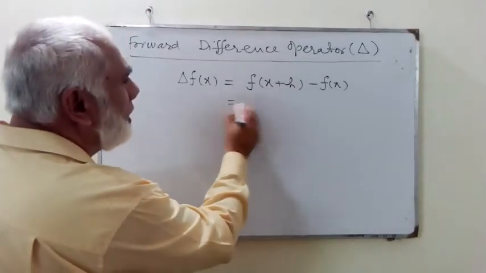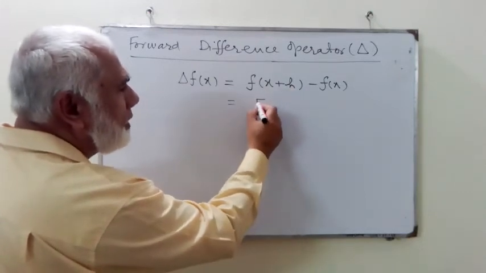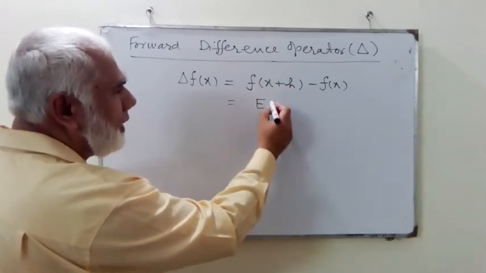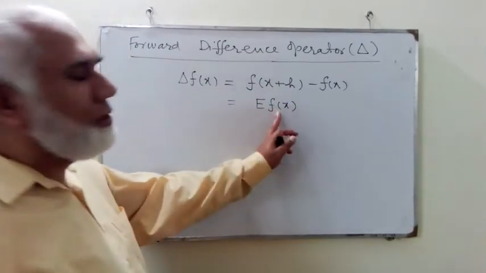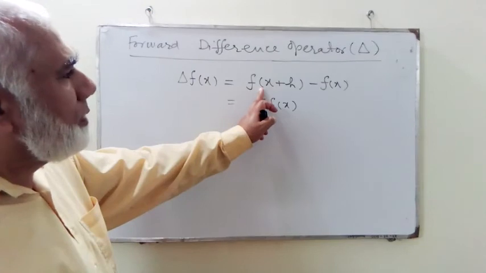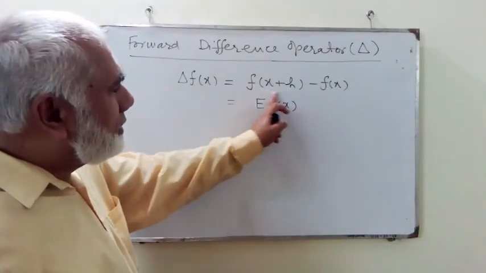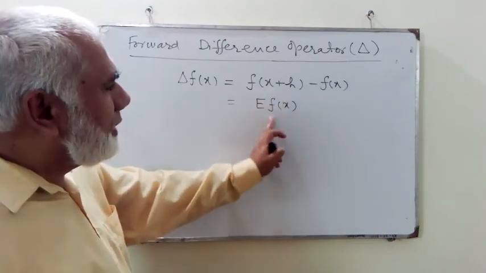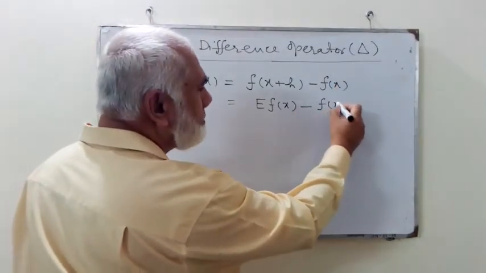From here, if I use the shift operator, we know that we can replace this f(x+h) by writing E of f(x), because the definition gives you f(x+h). So I can replace the whole f(x+h) by E of f(x), and this f(x) will remain as it is.